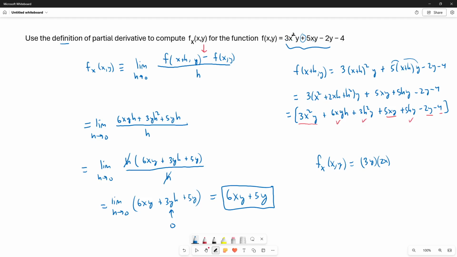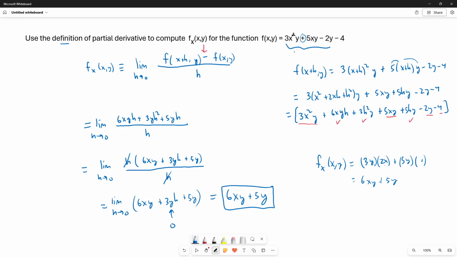And here, 5xy, 5y is the constant, the coefficient of x, and the derivative of x to the first power is 1. And so you can see our answer here is 3 times 2 is 6xy, plus 5y times 1 is 5y, and that's what we have here.